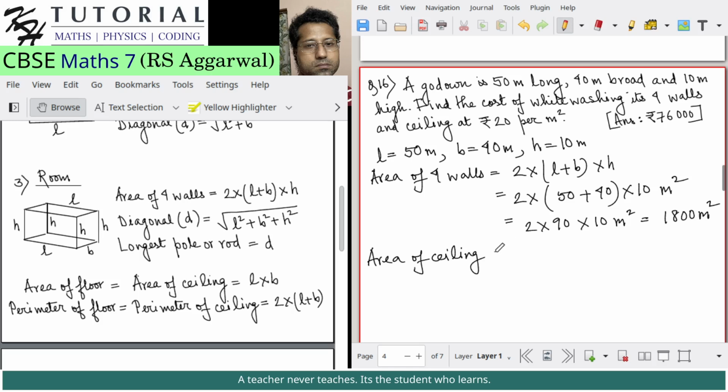Area of the ceiling is equal to length into breadth, which is 40 multiplied by 50 meter square. This is 2000 meter square.